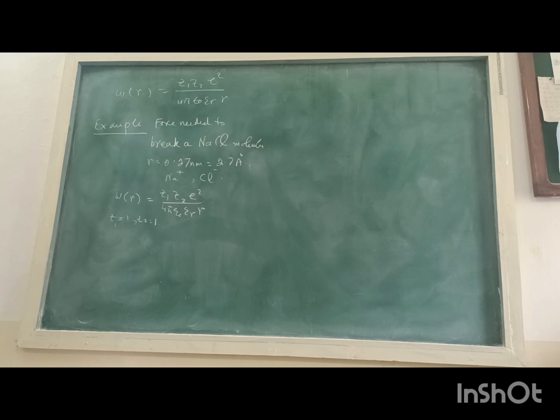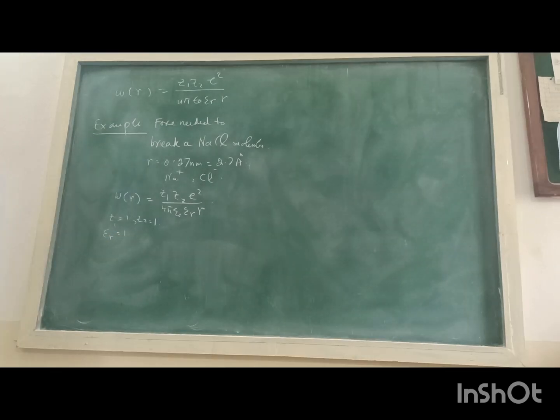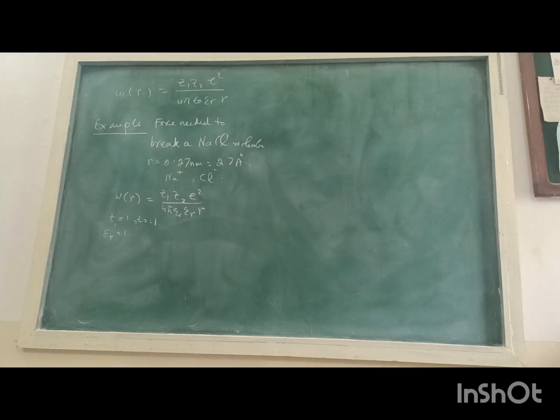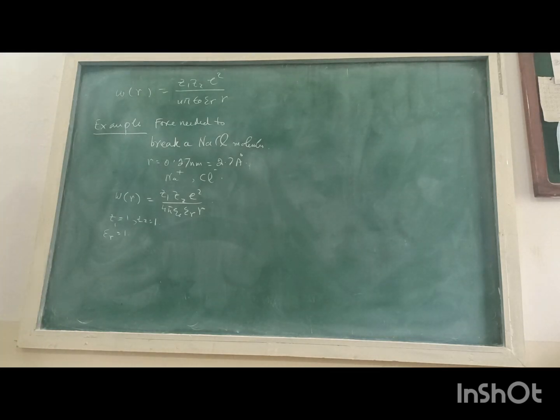Similarly, the relative permittivity will be equal to 1, because it is the permittivity of the medium compared with the permittivity of free space. And here we consider the medium to be air. So therefore epsilon R will be equal to 1, right?